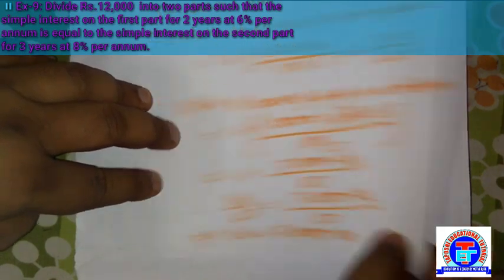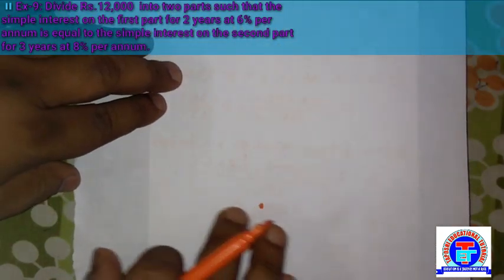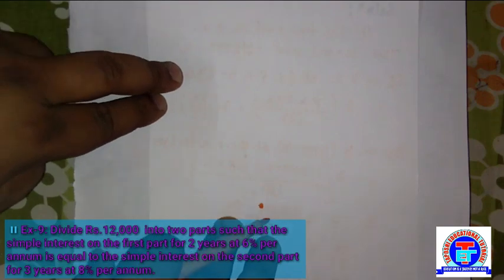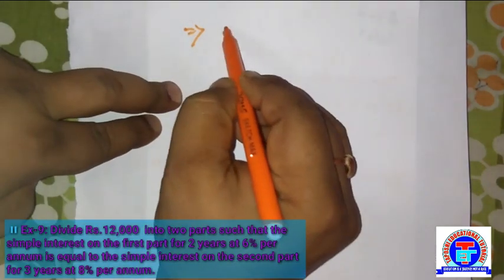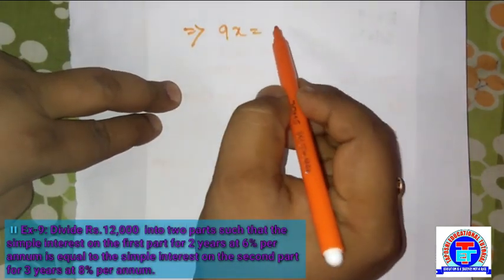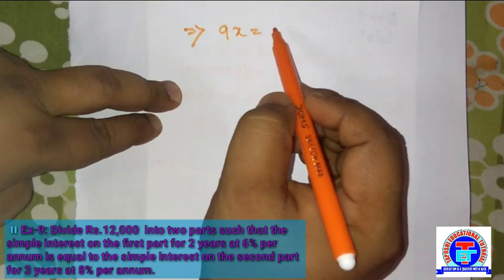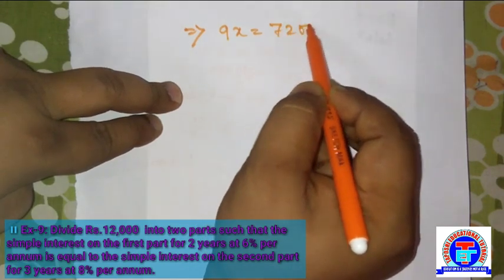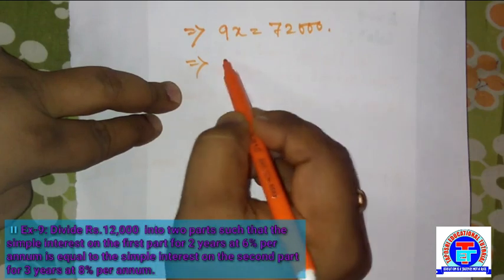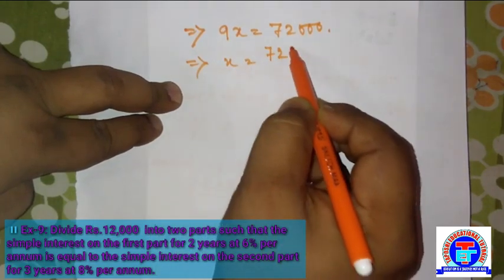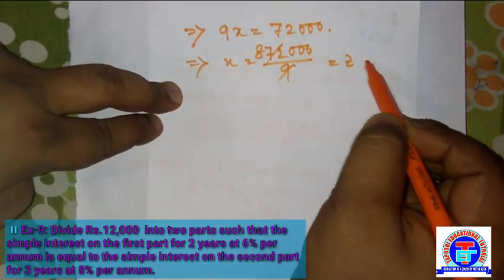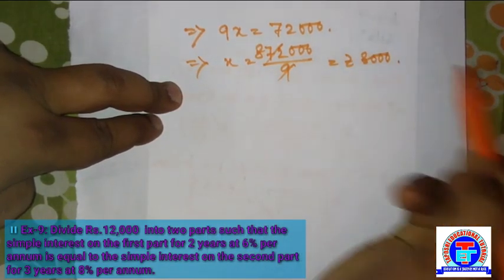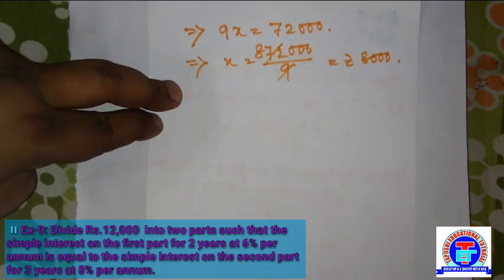Right, now it will become 9x, implies that 9x is equal to 72,000, implies that x is equal to 72,000 divided by 9. This one 8, that means rupees 8,000. Right, so this is the answer.